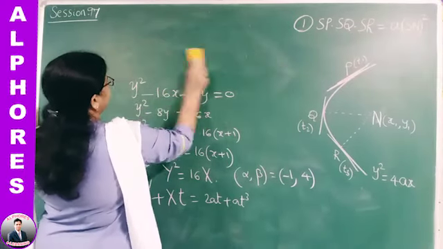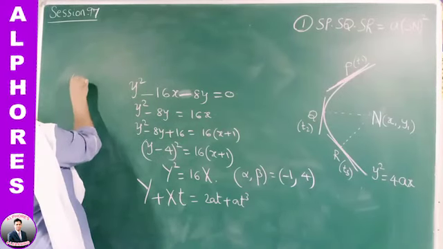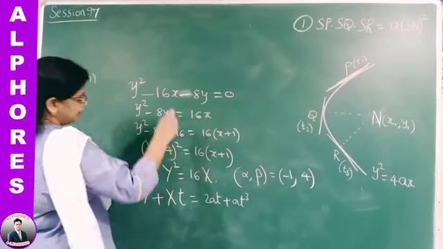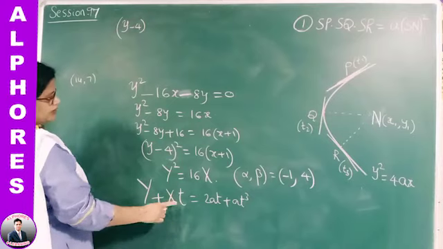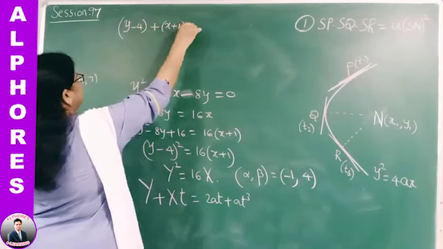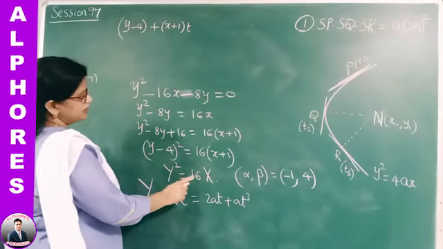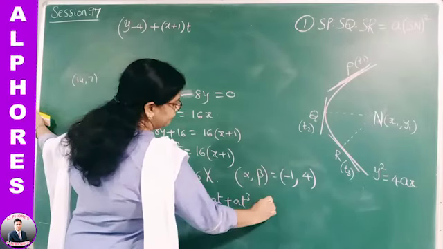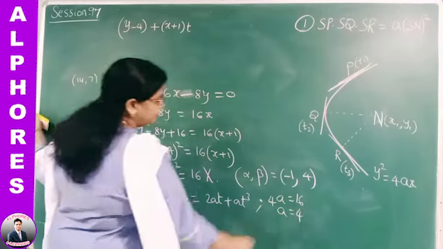So as we need to substitute the point 14 comma 7, y value I am writing as it is, that is y minus 4, and next plus xt, that means x plus 1 into t. And 2at, what is here? 4a value. 4a equal to 16, so 4a is 16 implies a value is 4.